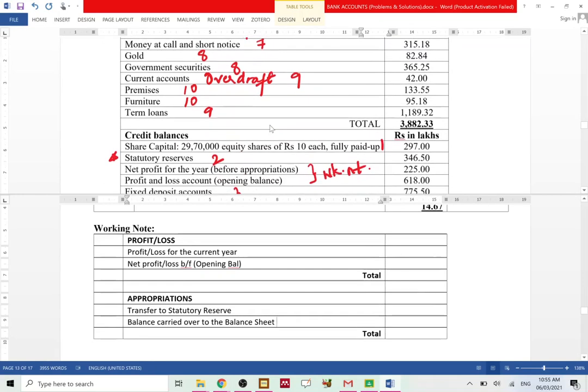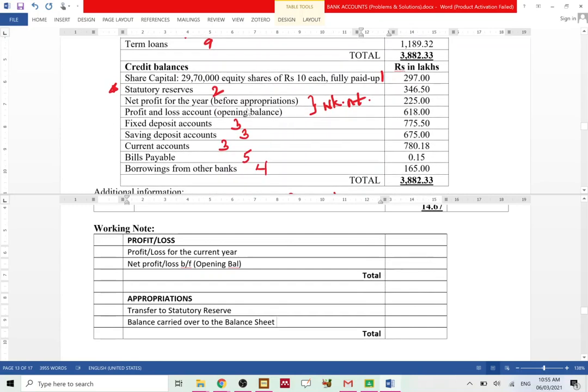So let me look at the problem and see what is given about the profit and loss situation. Net profit for the year before appropriations, meaning net profit of the current year but before appropriations are made, is 225. So let's write this. Profit during the year 225. Okay. Now what do we do with current year's profit?